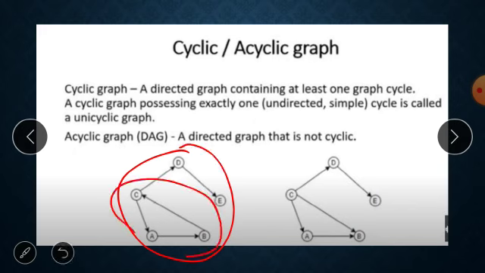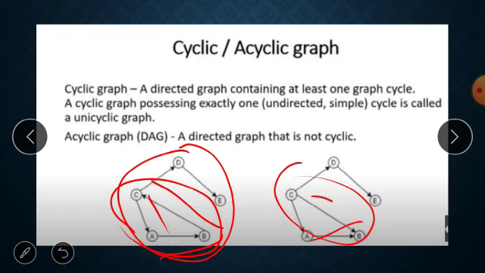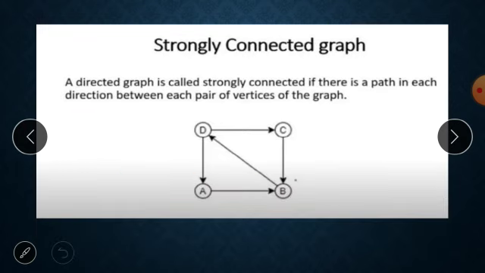Here we have the cycle A to B, B to C and C to A, so it will be repeatedly visited again and again. And here no cycle exists, because we have A to B and C to B and C to A. So this is the acyclic graph.